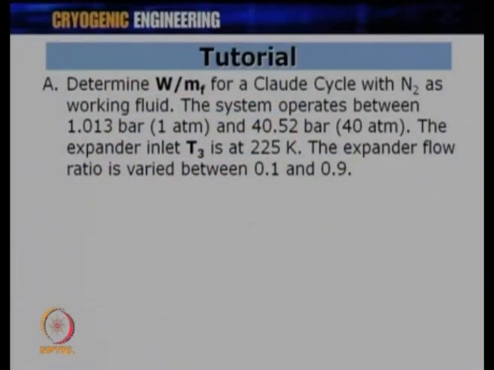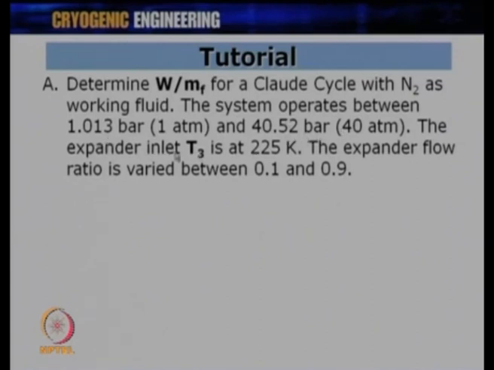It has a part A and a part B. Part A is to determine W by MF, that is the work of compression per mass of gas liquefied, for a Claude cycle with nitrogen as the working fluid. One can have air, oxygen, nitrogen, etc., with nitrogen as the working fluid in this case. The system operates between 1 atmosphere and 40 atmosphere, or 1.013 bar and 40.52 bar.